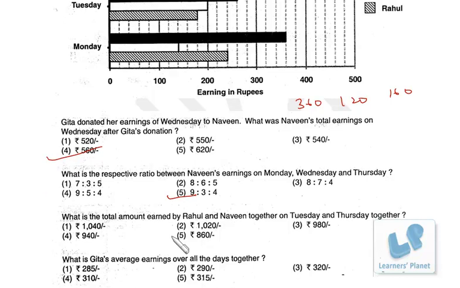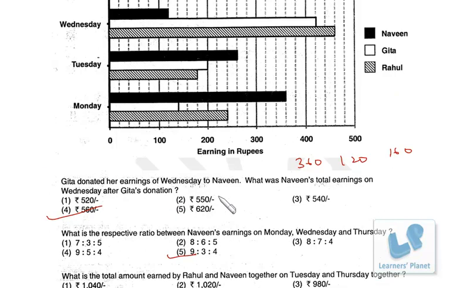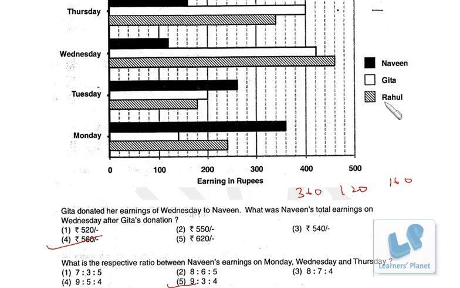Now what is the total amount earned by Rahul and Naveen together on Tuesday and Thursday together? So precisely Tuesday and Thursday we have to add up Rahul and Naveen, right? So Tuesday Rahul 180, I just write it over here. Tuesday Rahul 180 and Naveen is 260.